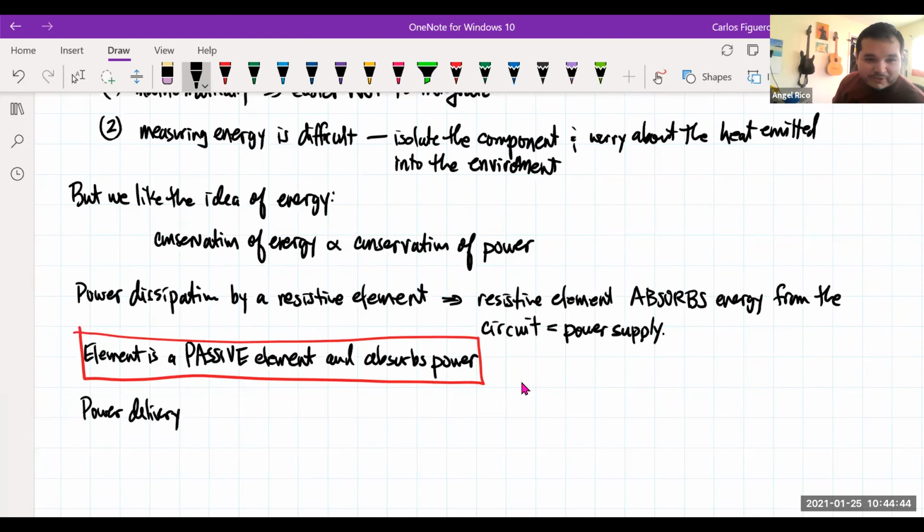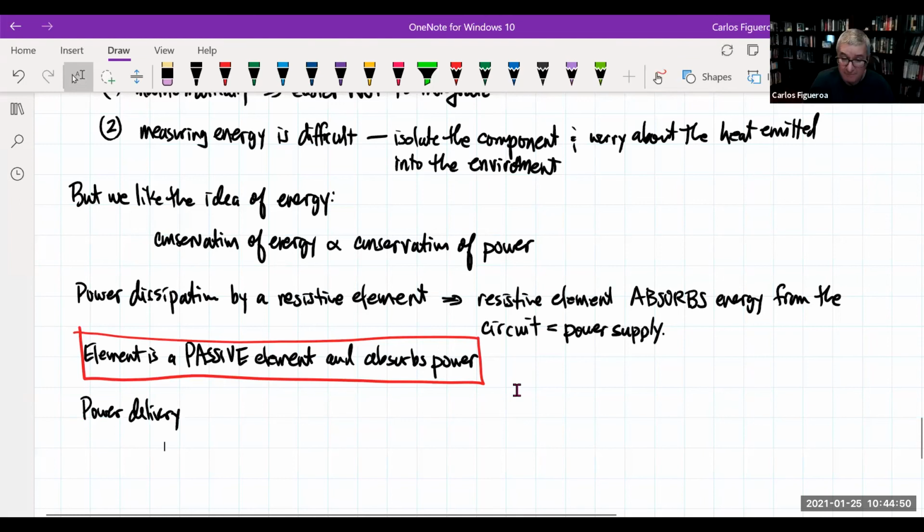Carlos, I'm a little confused by the box part. Do you mean to add resistive element is a passive element, or? No, just a passive element. I gave you an example of a resistive element, but it doesn't have to be resistive. Like one example, is a capacitor passive?